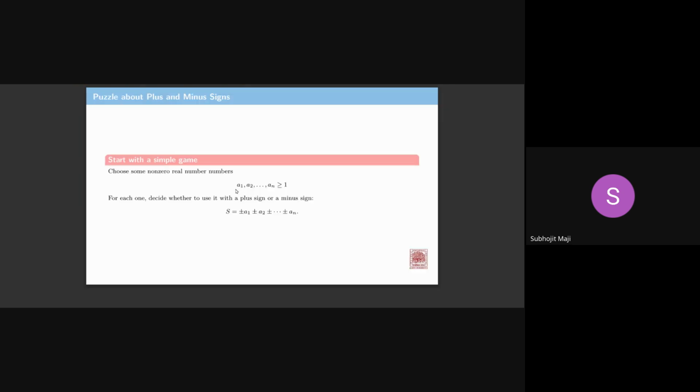Now, there's a twist. What if I had not given you that they were positive? I just told you that the mod value was greater than or equal to 1. Can anyone answer what would happen if I had taken the mod of a1, the mod of a2, up to the mod of an to be greater than or equal to 1? Any ideas?